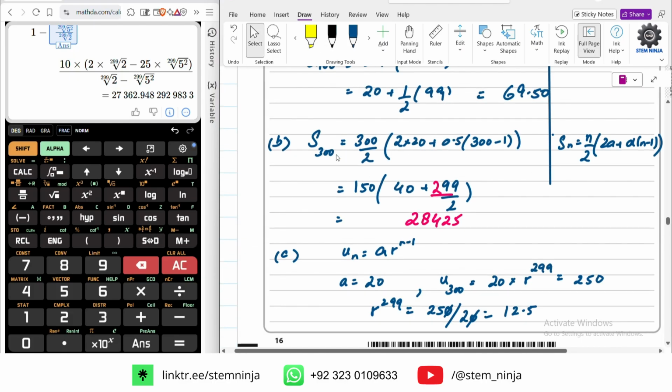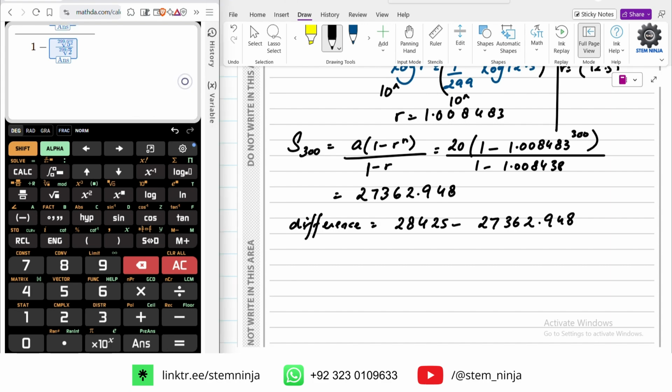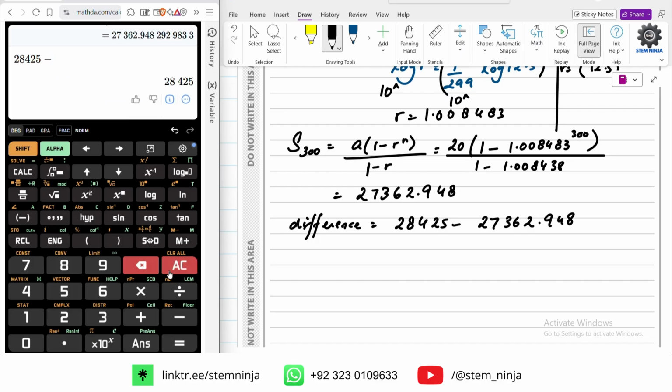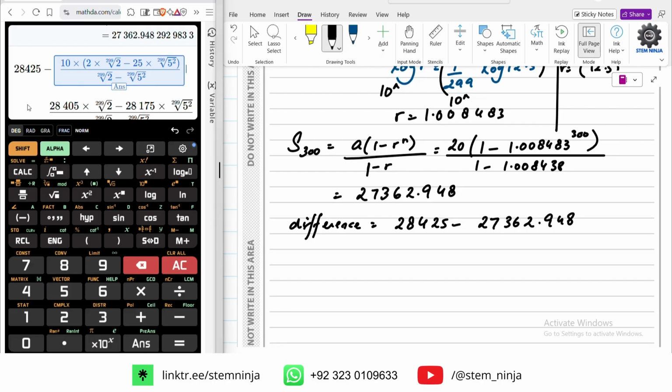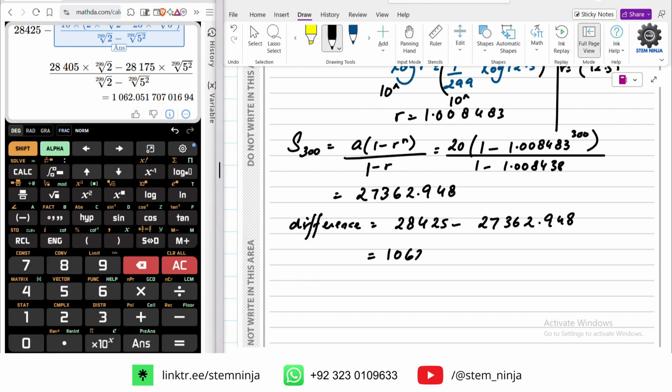Okay, so the difference would be, what was the figure, 28425? 28425 minus 27,362.948. Right, okay, so 28425 minus answer is 1062.052.